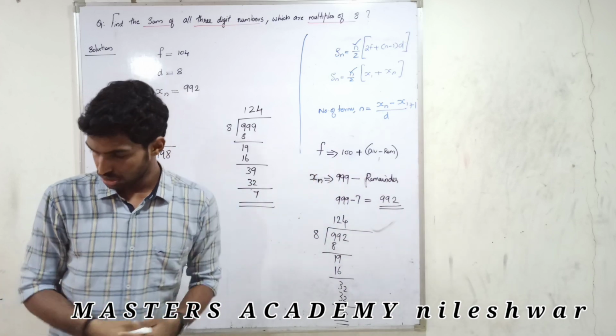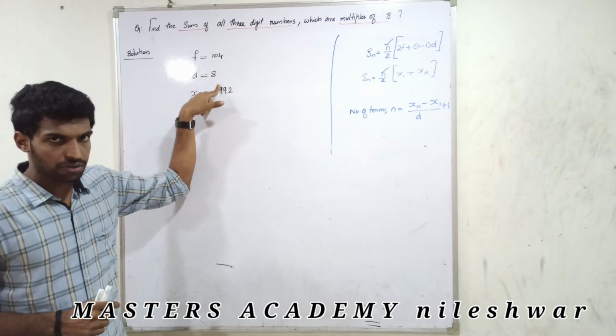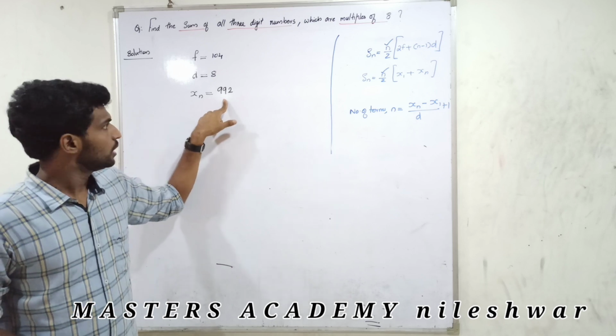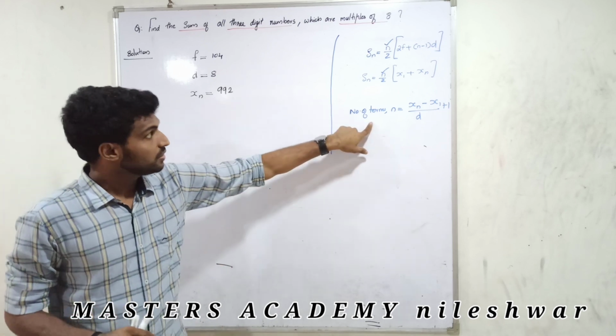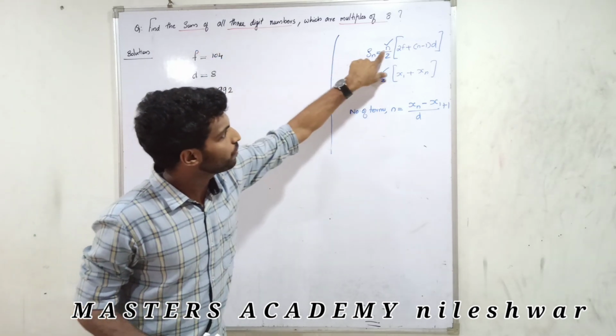Okay, understood? Here we got first term as 104, common difference directly given, that is 8, and xn we have already found out, that is 992. Now we can find the number of terms. Since they are asking us to find the sum, what we need is n.